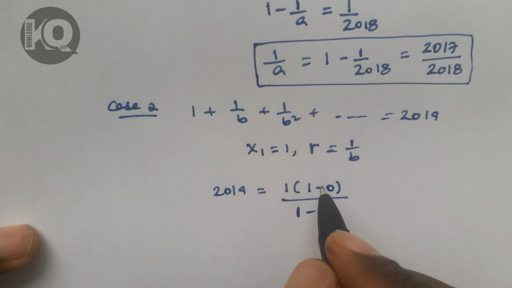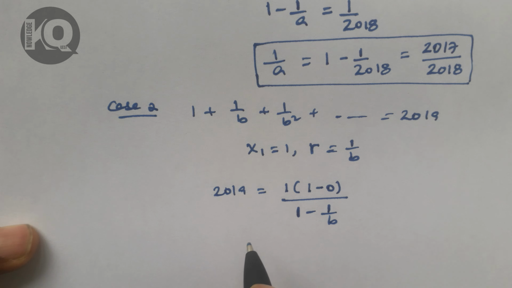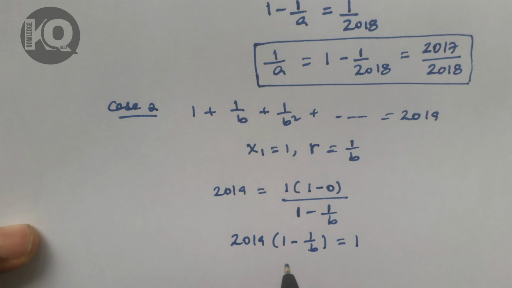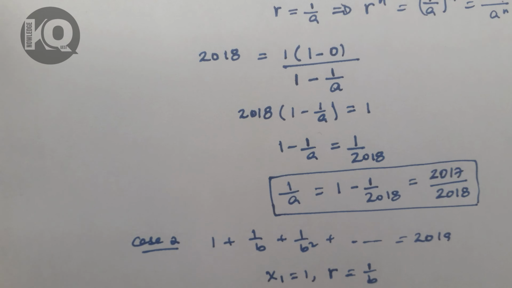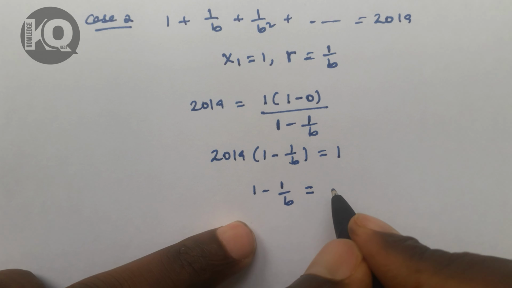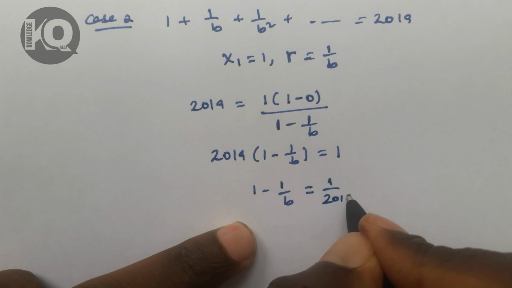When we simplify this by using cross multiplication, 2019 into 1 minus 1 over b is equal to 1. So 1 minus 1 over b is equal to 1 over 2019.